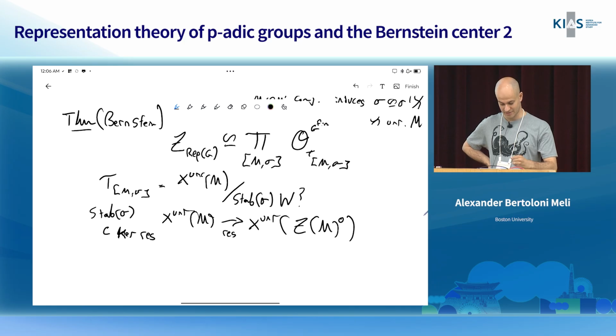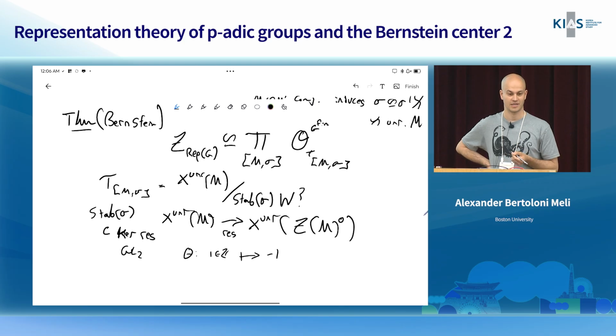An example you can consider is in this GL2 case: there's a character theta, where we take the determinant and get a Q_p cross, and then there's a Z in there, and it maps 1 in Z to minus 1 or something like this.